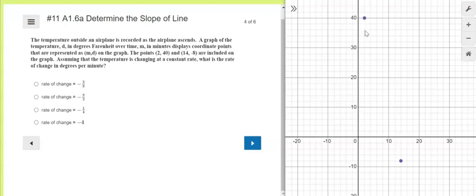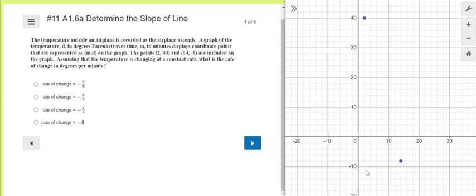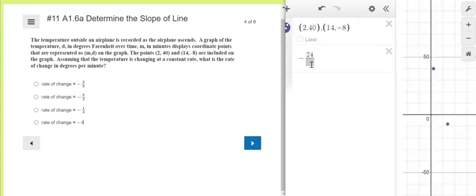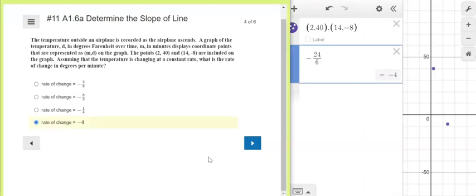So that's negative 1, 2, 3, 4, 5, 10, 15, 20, 21, 22, 23, 24. So I have negative 24 over 1, 2, 3, 4, 5, 6. So negative 24 over 6, and that is negative 4. So the rate of change is negative 4.